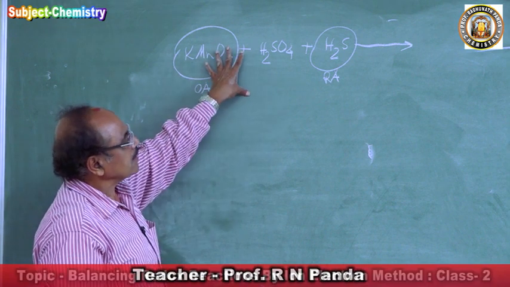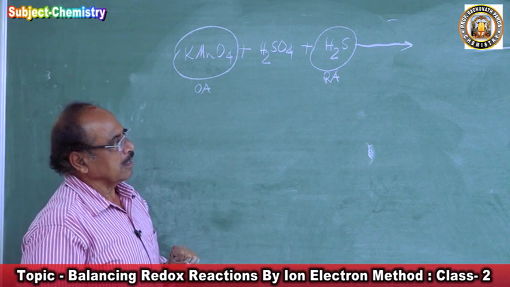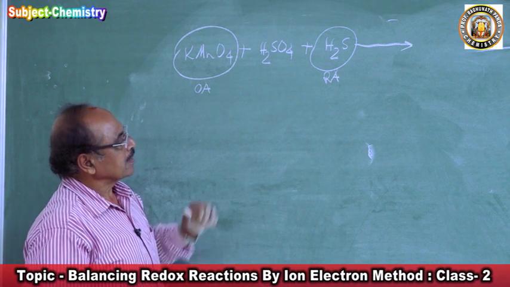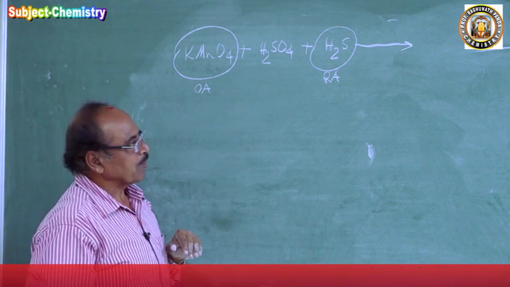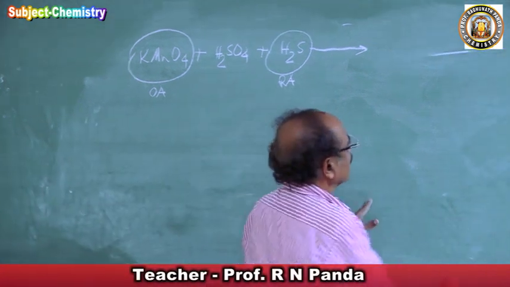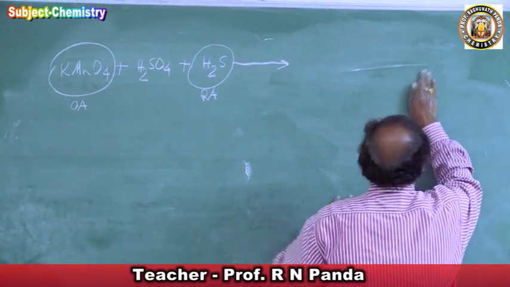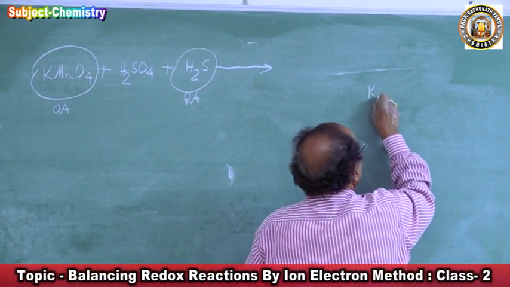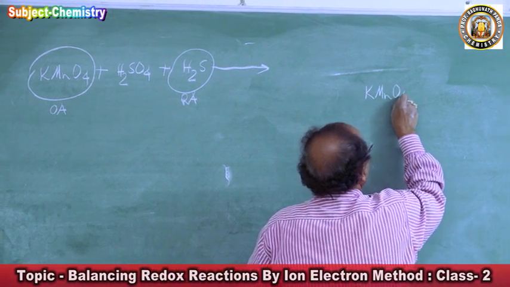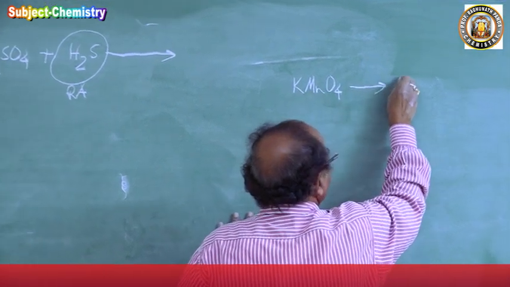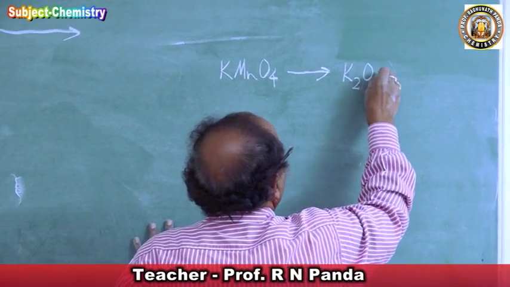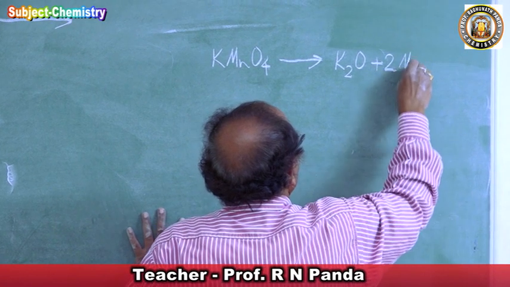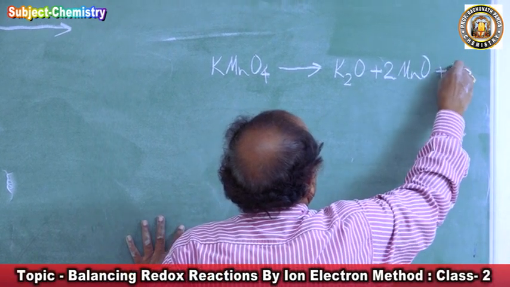First let us see the equation for this reaction, then we will go to the ionic form. So I am writing the equation on the right side, then I will do the ionic form on that side. What is happening? Potassium permanganate 2KMnO4 forms K2O plus 2MnO plus 5O.